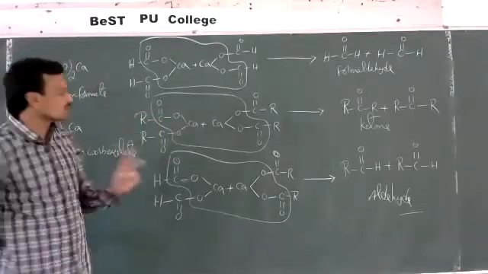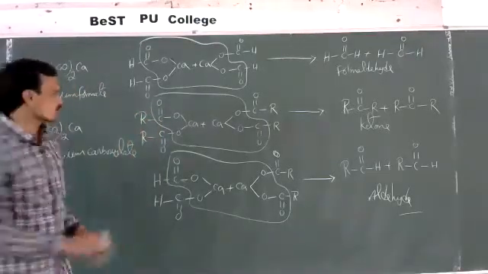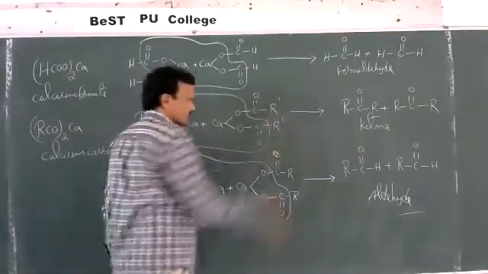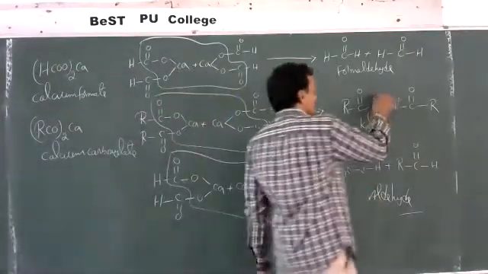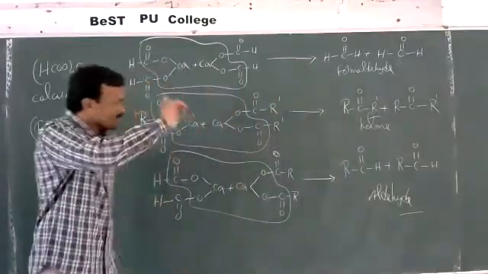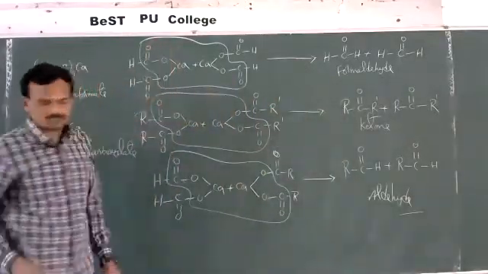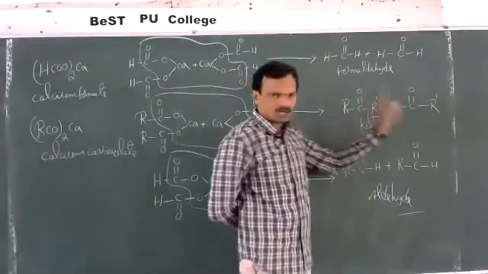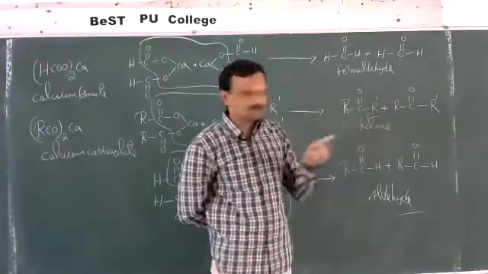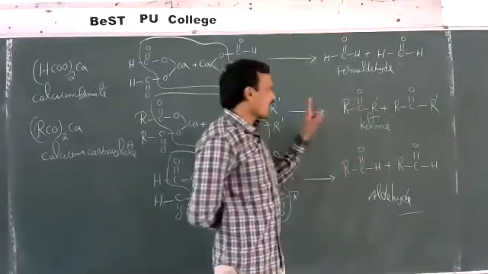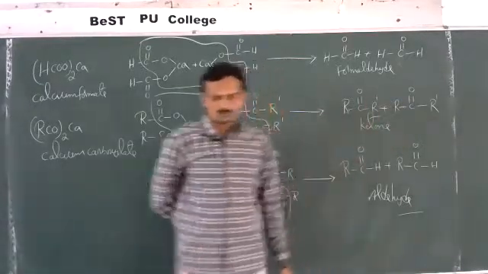Suppose instead of taking a calcium salt of one particular carboxylic acid, you take a mixture of carboxylic acids. Suppose here R and R is there, if I take R dash and R dash, then here R dash, here R dash. Not only this product, along with this, you can get 2 more products also. So one product is possible with RCOR, one product is possible with RCOR dash, and one more product possible is R dash COR dash.